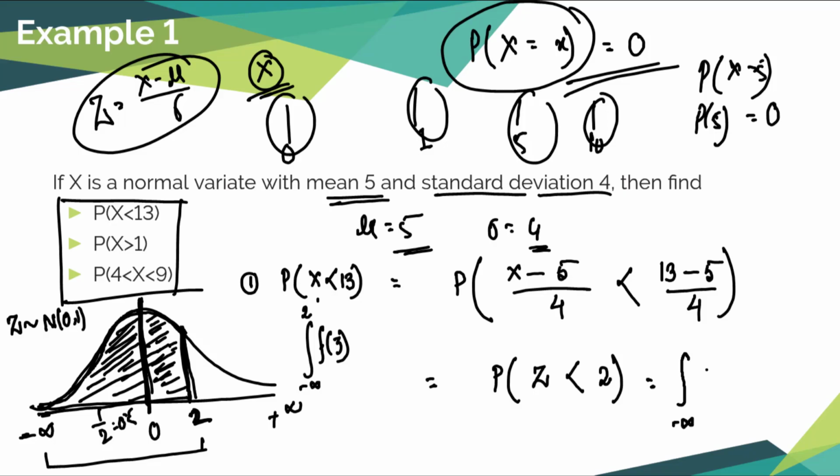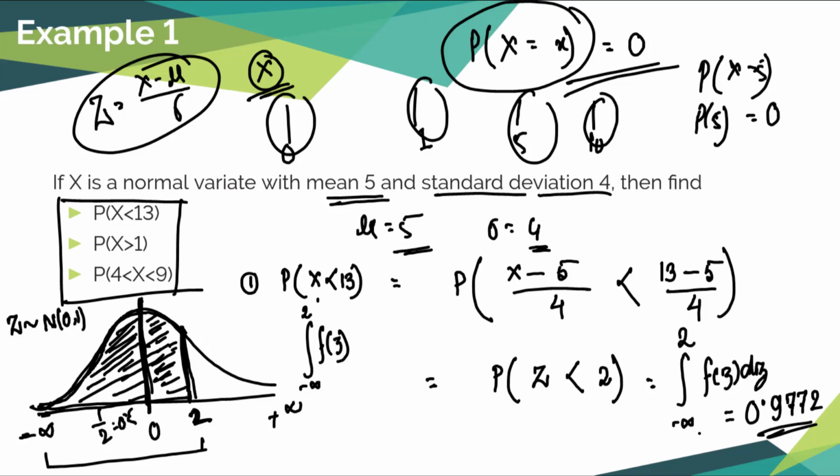So this is equal to integration from minus infinity to 2 of f(z) dz, and the value of this integration is obtained from something called the standard normal table, right? The value for this particular integration is 0.9772.